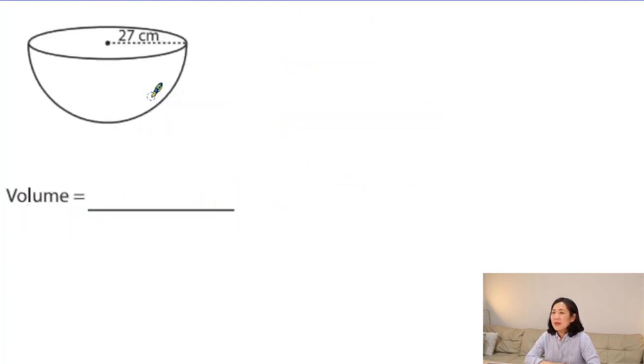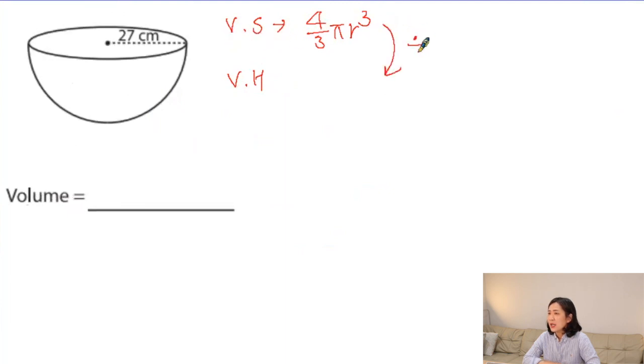Next one. Right, so now what's this shape? Yes, it's half of a sphere. This is called a hemisphere, right? Finding the volume of a hemisphere, we just need to halve the sphere's volume. First of all, the volume of a sphere is 4/3 pi r cubed.